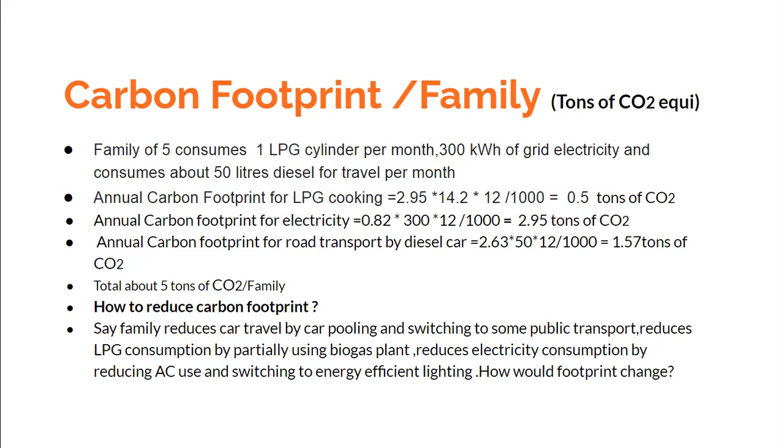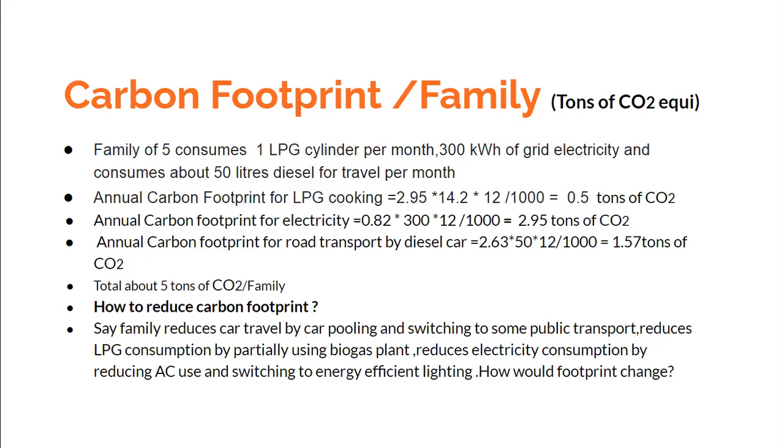Obviously, biogas is a renewable option, so it would be a carbon neutral option. Same can be done about electricity consumption. Suppose they are using electric heaters, they might switch to solar water heaters. If they are using air conditioners, they might shift to more energy efficient air conditioners, or they might simply reduce their AC use. The lighting they can replace with more energy efficient lighting.